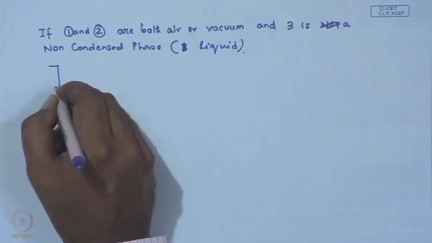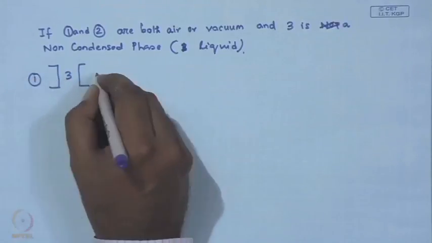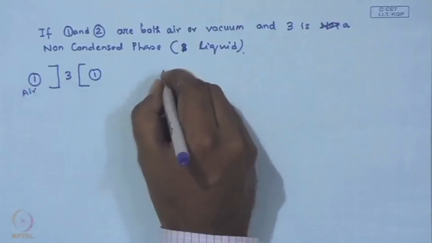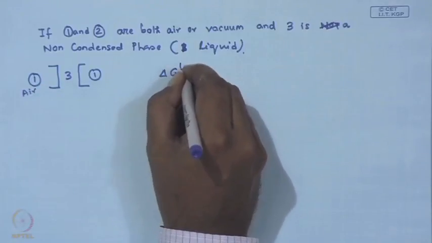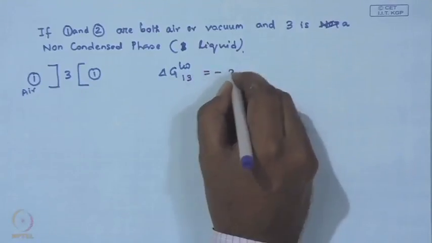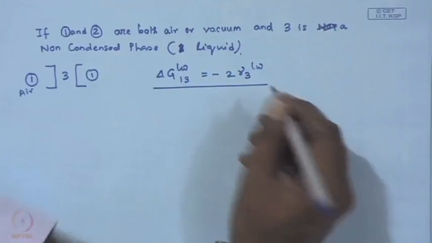So, what you have is air, therefore, delta G LW in this case again turns out to be minus 2 gamma 3 in this case. Okay. So, what is this?